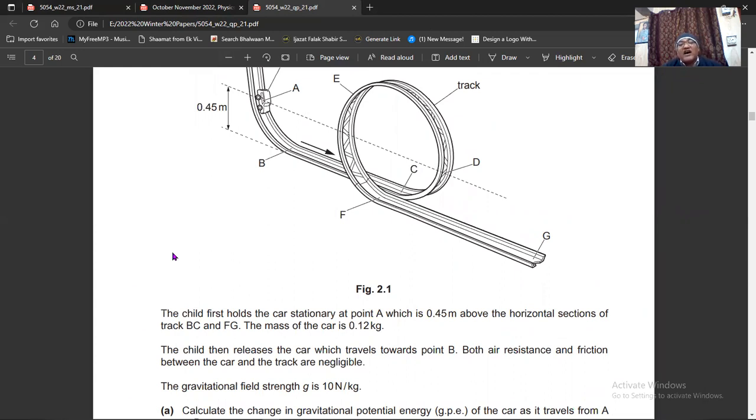The mass of the car is 0.12 kg. The child then releases the car, which travels towards the point B. Both air resistance and friction between the car and the track are negligible.